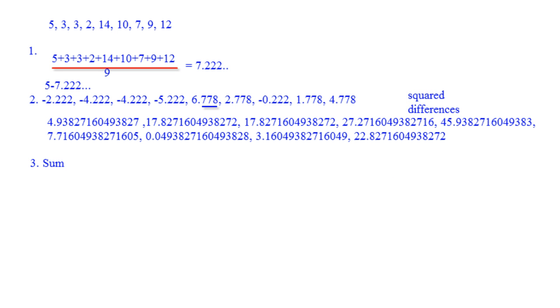Alright, so that's the squared differences. So the sum is going to be this. Then we're going to divide by 9, and we should get this.